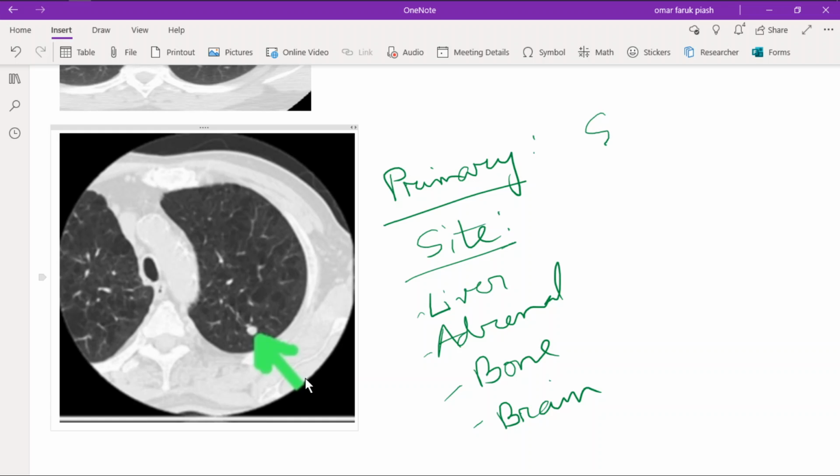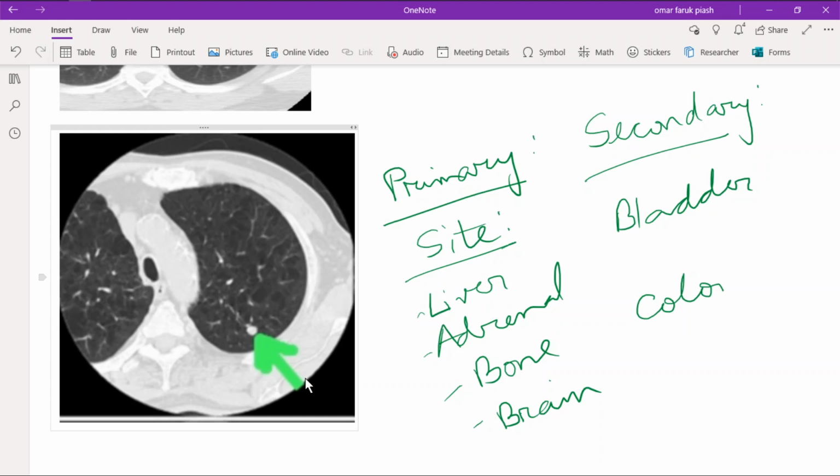And if it is secondary, that means cancer somewhere in the body comes into the lung. The secondary one is more common, like bladder cancer, colon cancer, female breast cancer, and prostate cancer for male.